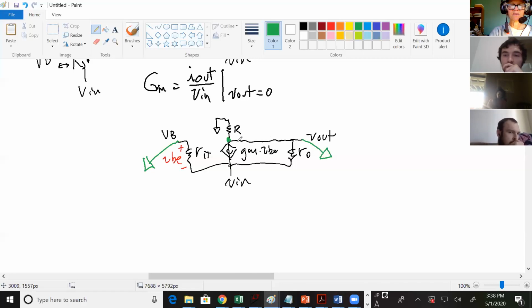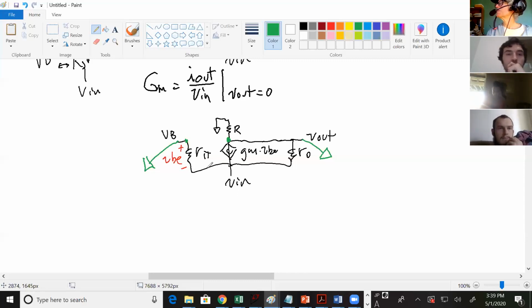So the way to see whether this goes to a resistor of size 1 over GM is to see if your base and your collector have the same voltage. Does the base and the collector have the same voltage? Yes.